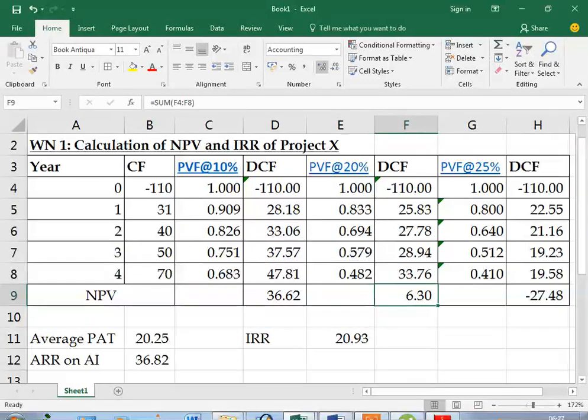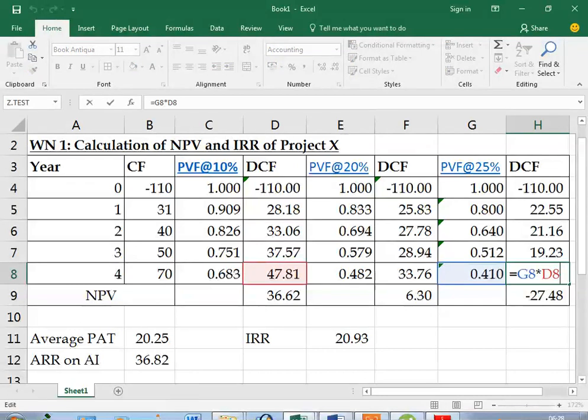No, is this total incorrect, you're saying? No, the DCF of the multiplication. Okay.